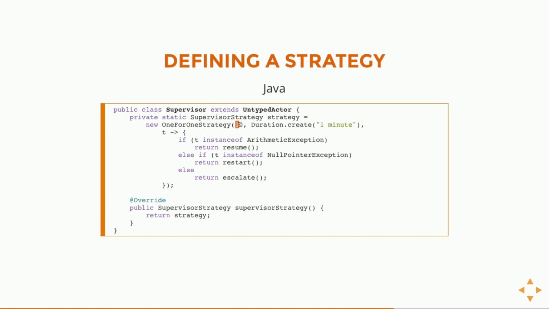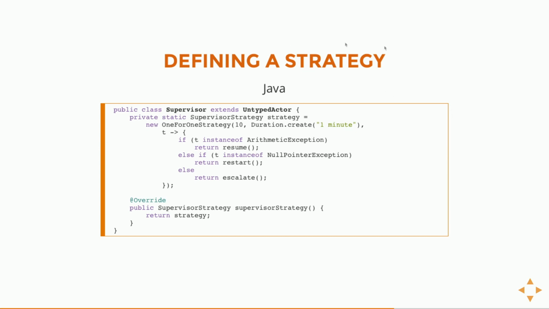The 10 means the amount of times it should handle the exception before having the parent go into failure itself. So just to rephrase that: in this strategy, if more than 10 failures are encountered for this current actor instance within a single minute, the actor will go into failure itself and have the parent of this actor be informed of its failure.